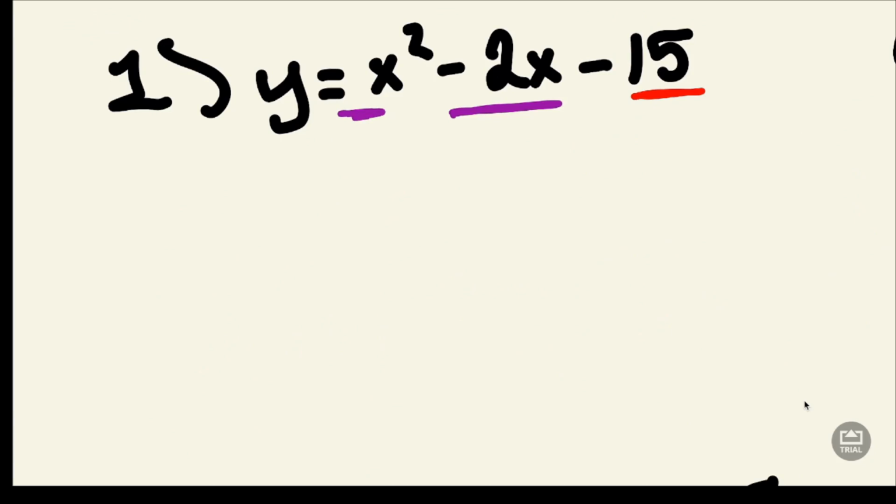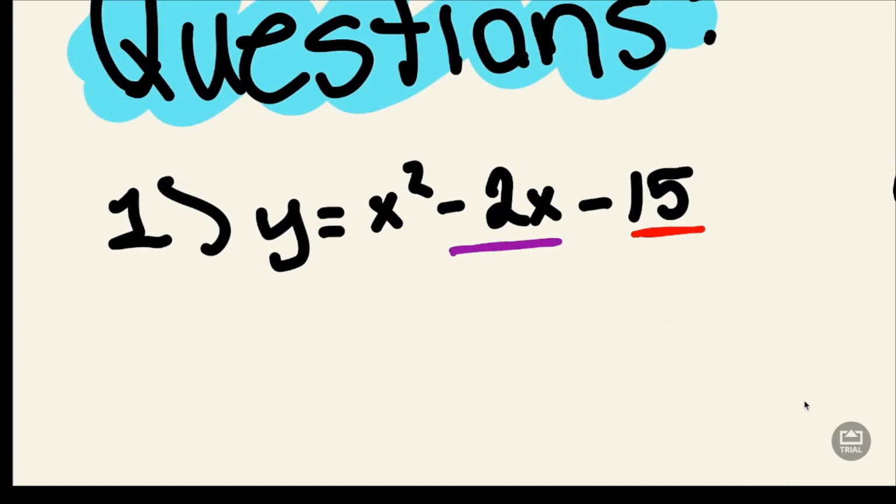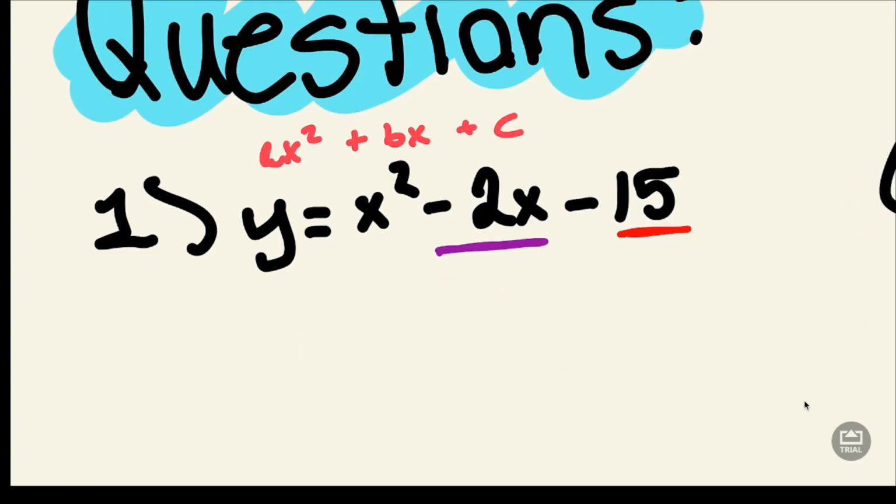Remember, this is still in the format of ax squared plus bx plus c, where in this case your b value will equal -2, and your c value will equal -15.